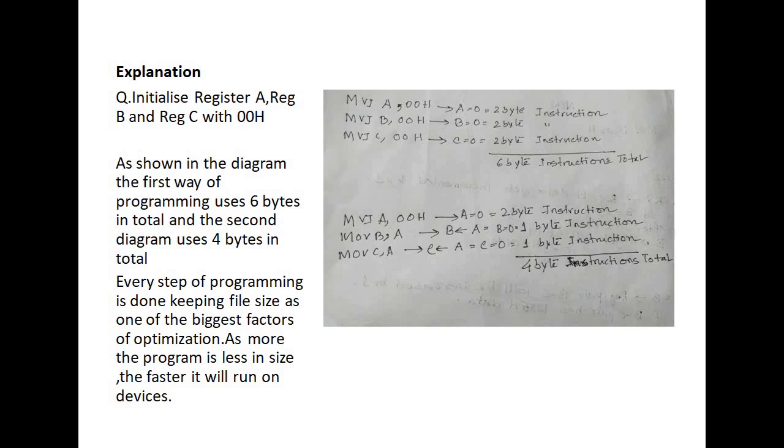Now what is the advantage and disadvantage if we compare this with immediate addressing mode? Immediate addressing mode was simple because the data was given in the instruction itself, right? But here the data is not directly given in the instruction, it is stored in the register. So first you have to store the data in the register, then you have to operate on the data, right?